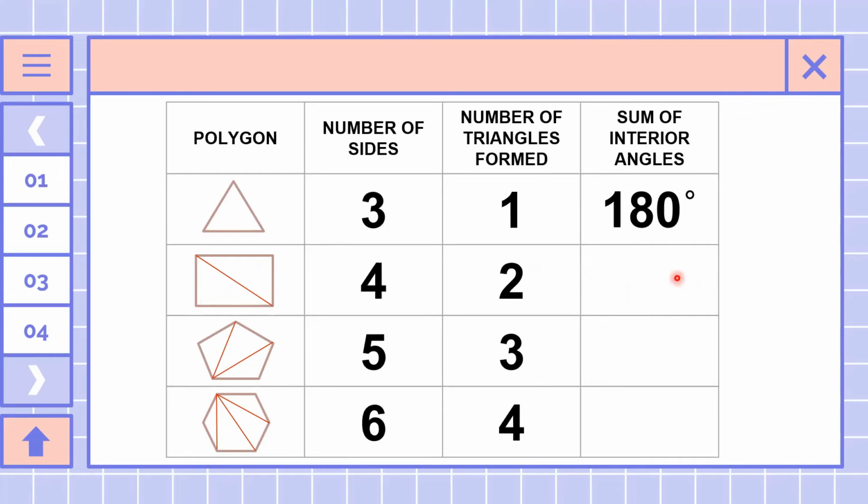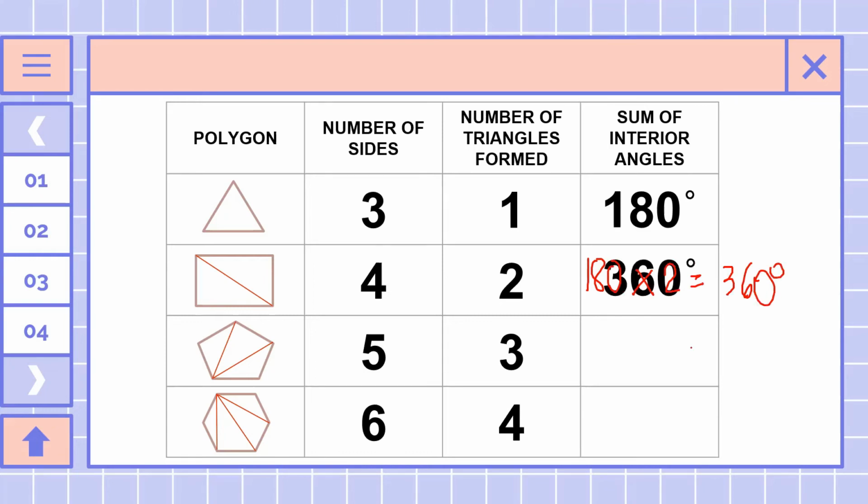So we have 360 degrees. Therefore, it is 360 because two triangles were formed in our polygon, and one triangle measures 180 degrees, right? So 180 times 2 triangles. So we have 360 degrees.